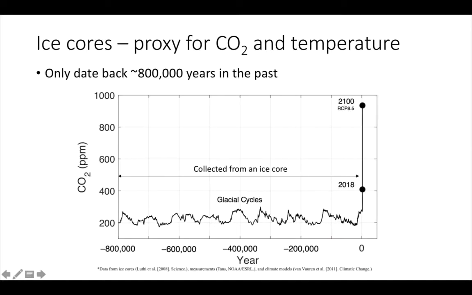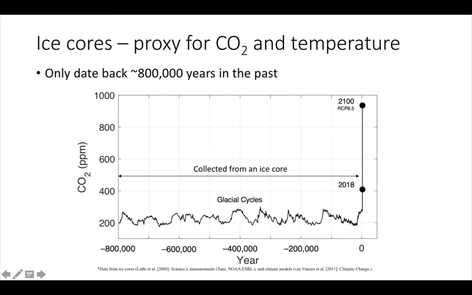So ice cores can only go back as far as the snow and the ancient atmosphere is preserved in those air bubbles, which turns out to be about 800,000 years. So this is a great record for Pleistocene climate, but it doesn't go back to the Pliocene or beyond.